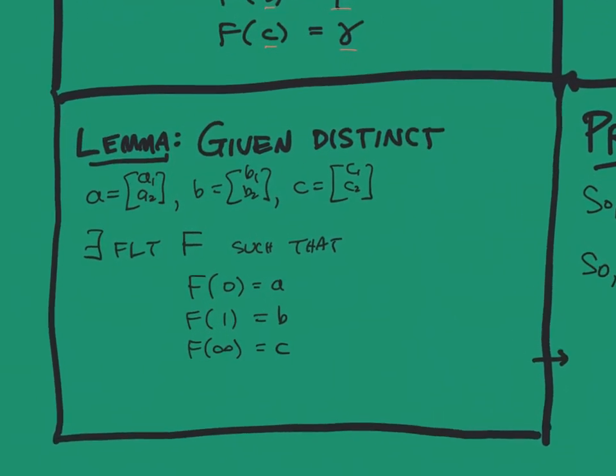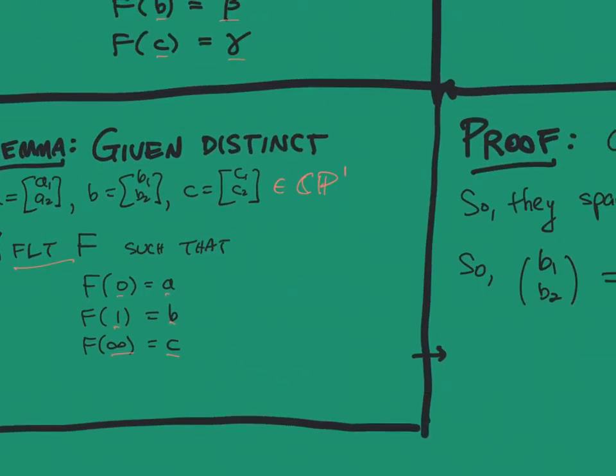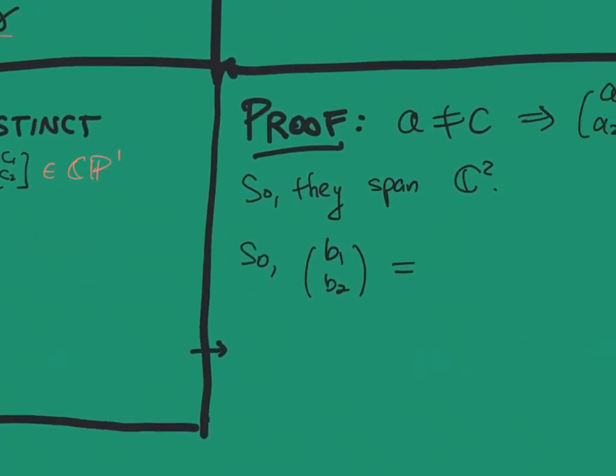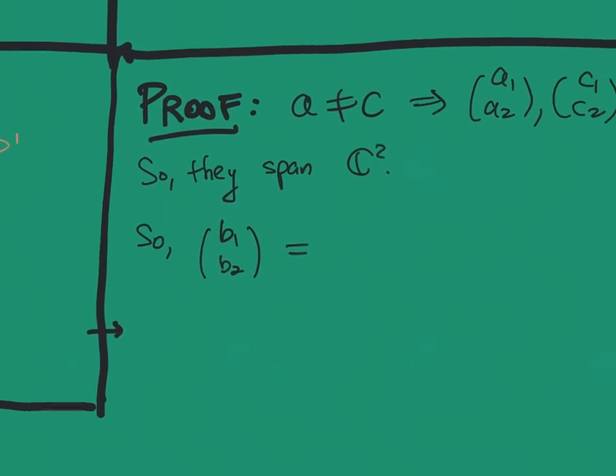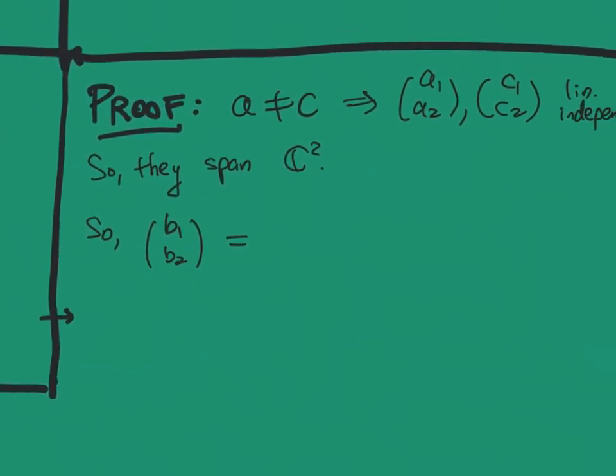It says, given distinct A, B, and C in CP1, there exists a fractional linear transformation F that sends 0 to A, 1 to B, and infinity to C, using the same notations as before. And this we again do in just a straightforward way and try to construct the matrix explicitly.